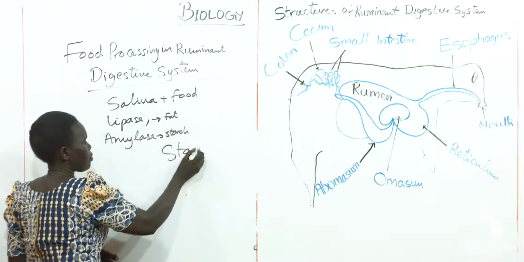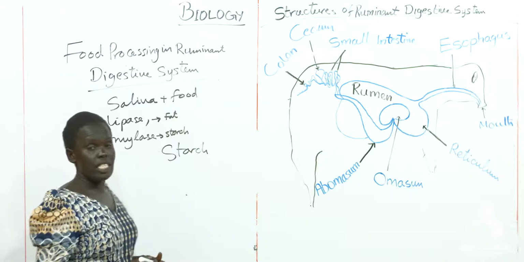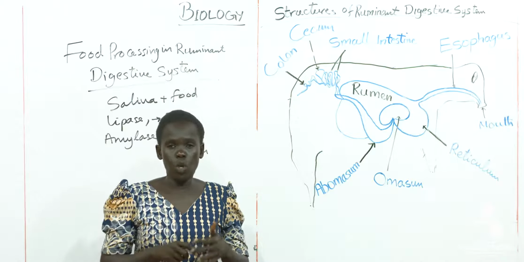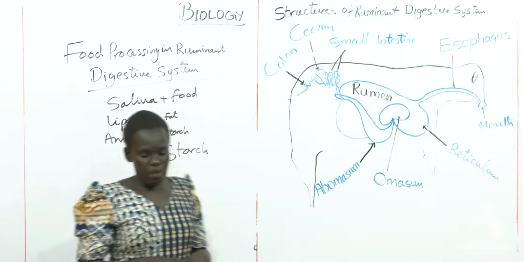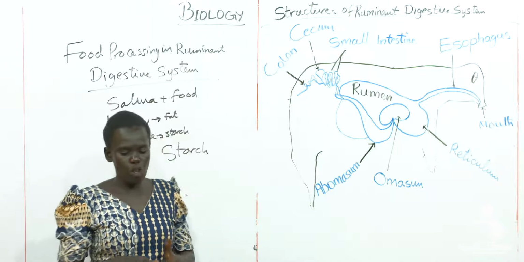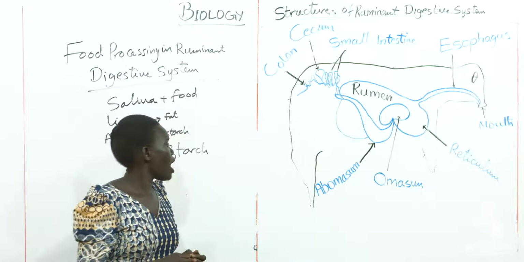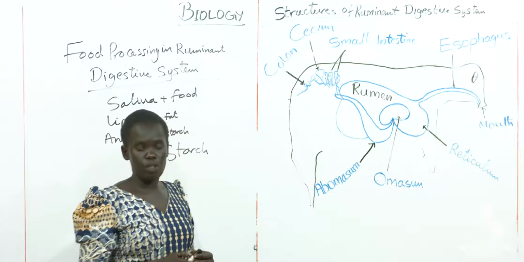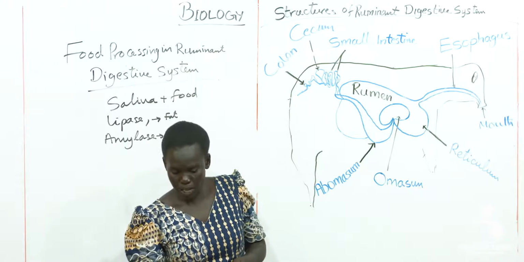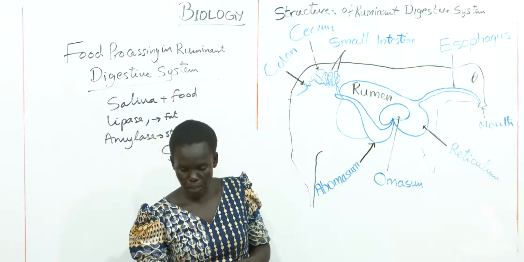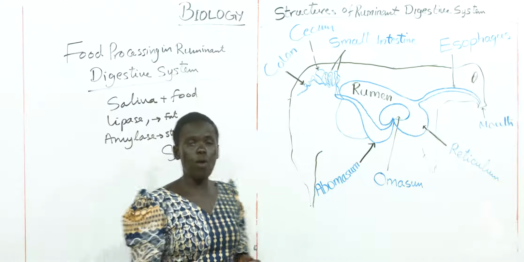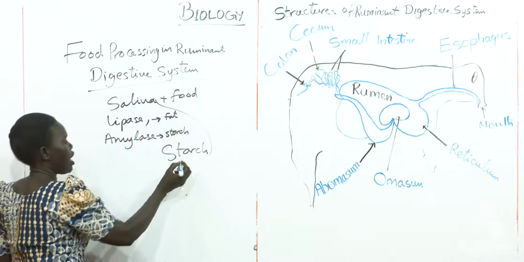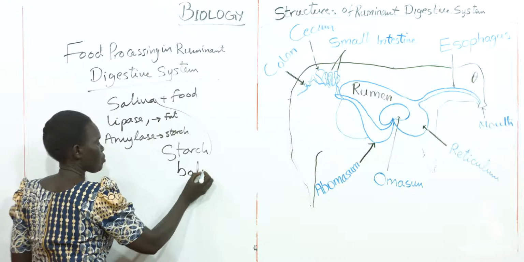Starch is a polysaccharide, which needs to be broken into the smallest unit of sugar, which is glucose. When this food is mixed with the saliva, and this saliva also contains some ions like sodium, potassium, and even phosphate, bicarbonate, and urea, at the end it will form a bolus.